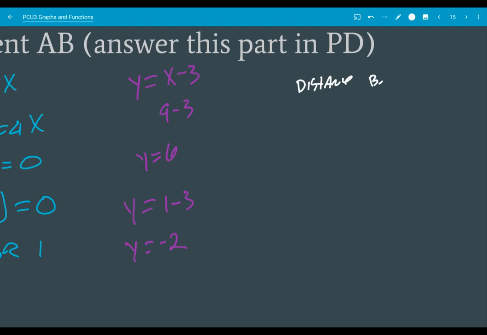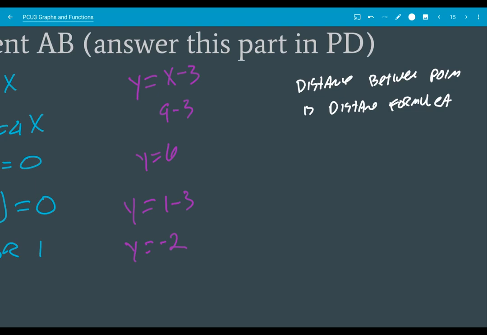So the distance between points is the distance formula. And the distance formula comes from the Pythagorean theorem.